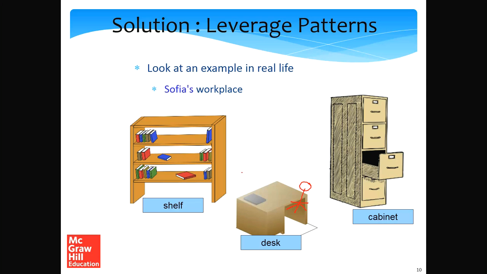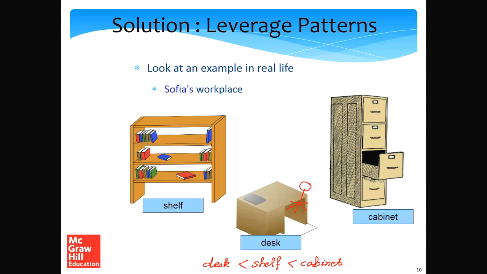Clearly the desk is the smallest in terms of size, and it is smaller than the shelf, which is smaller than the cabinet. The cabinet is huge, and it's far away.